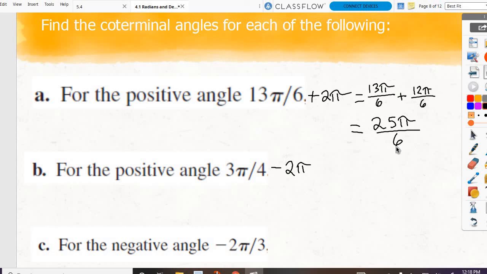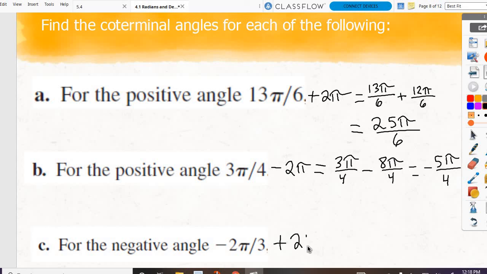Now, if I subtract, do I still need to convert to the same denominator? Yeah. This time my common denominator is going to be 4. So my 2 pi would become 8 pi over 4. So we end up with negative 5 pi over 4.